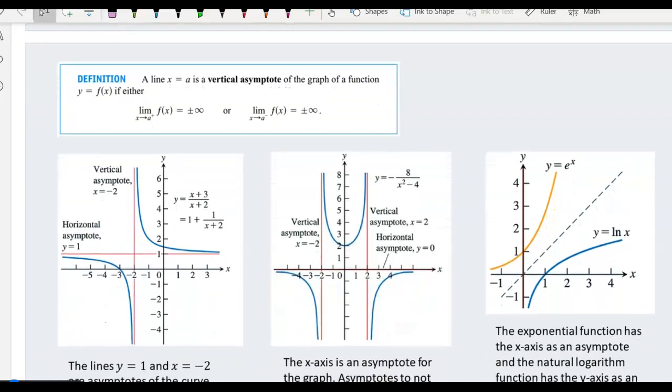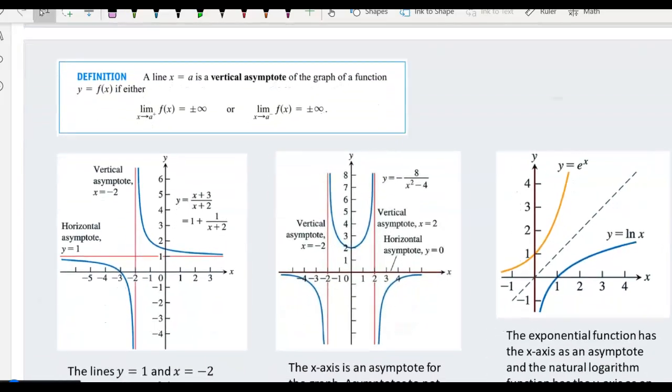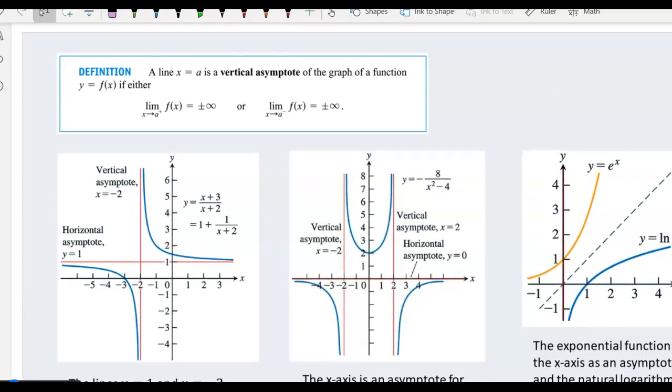So here's the formal definition of a vertical asymptote. That as the function approaches a particular number, a, from both the right and the left, the function values go to positive or negative infinity.